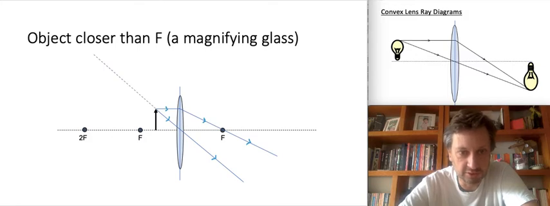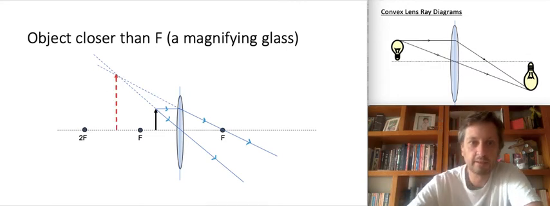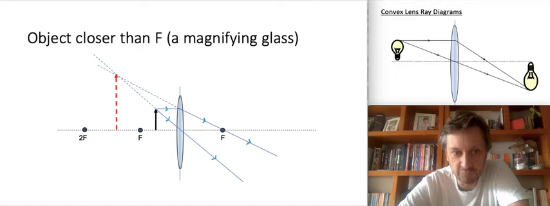The rays are not converging, but we can follow the rays backwards. We do that with a dotted line. And if we follow them backwards, they seem to converge at this point. We can put a dotted arrow there, and the dotted arrow represents a virtual image.